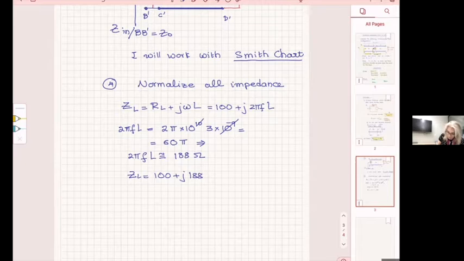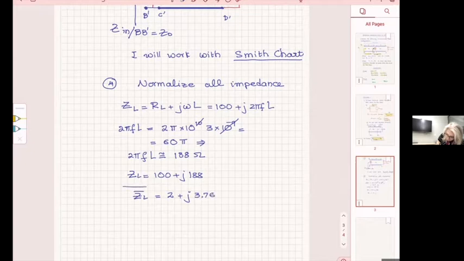So now I have to normalize it. ZL normalized is going to be 2 plus j, and I have to divide that by 50. 188 divided by 50 is 3.76.